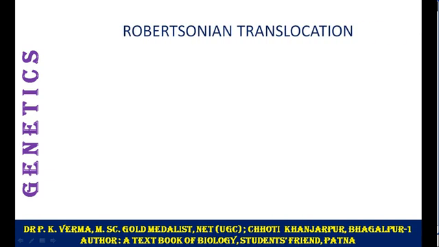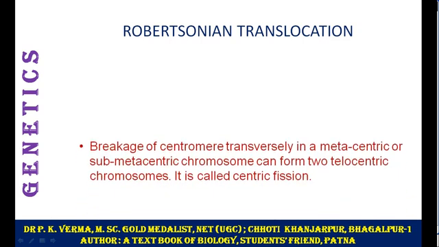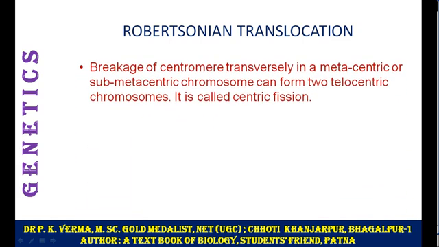Now a new case is called Robertsonian translocation. It has not been mentioned in most of the textbooks. If a metacentric or submetacentric chromosome divides transversely at the centromere, the two arms separate, taking a part of the centromere, and these two chromosomes become telocentric chromosomes.